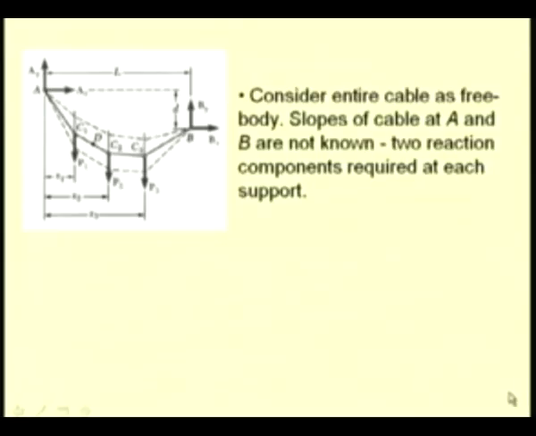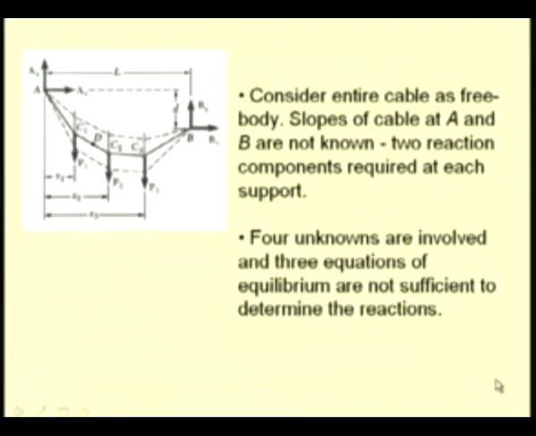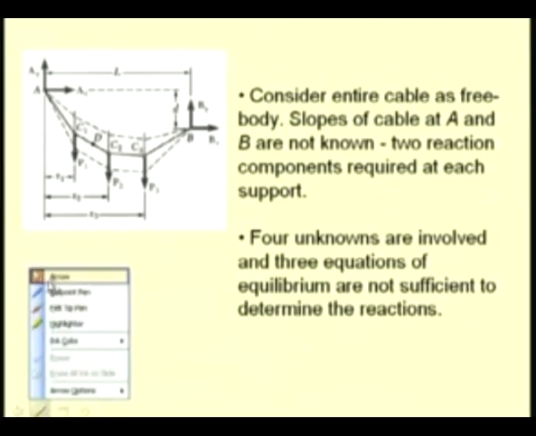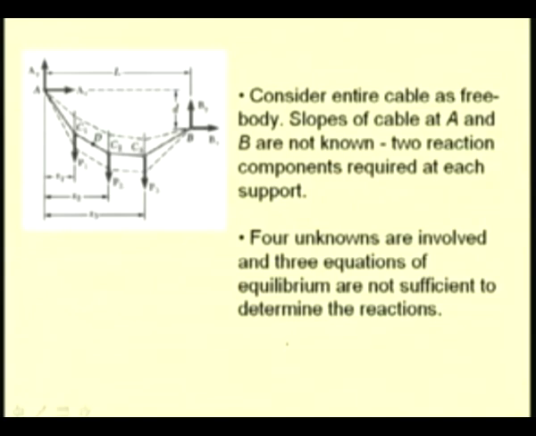So, we see that we have a total of 4 unknowns involved in this, that is AX, AY, BX and BY. If we consider the equilibrium of this portion for the two-dimensional cable layout, we can write 3 equations.